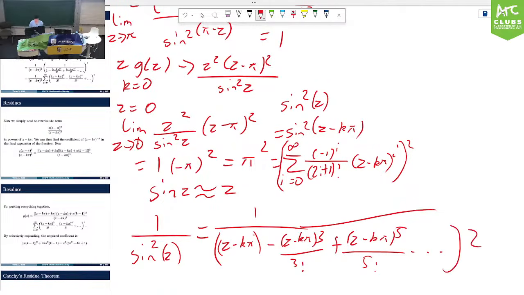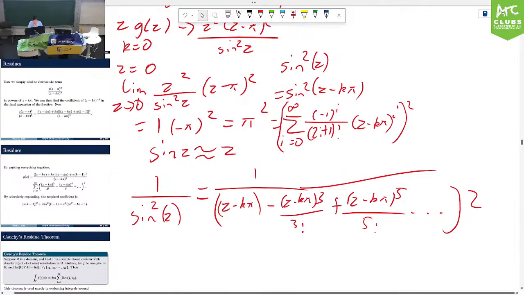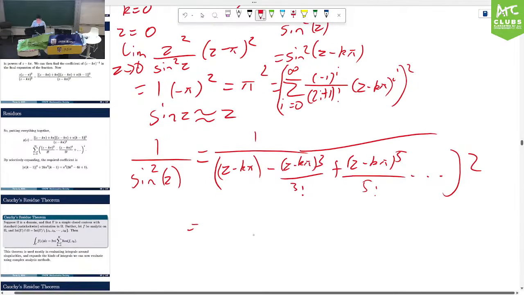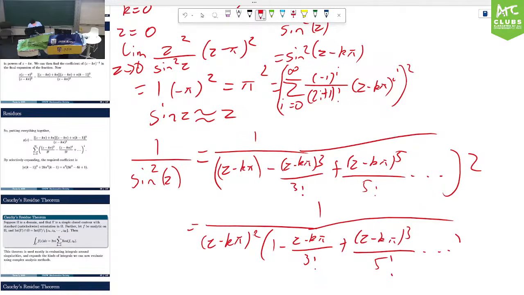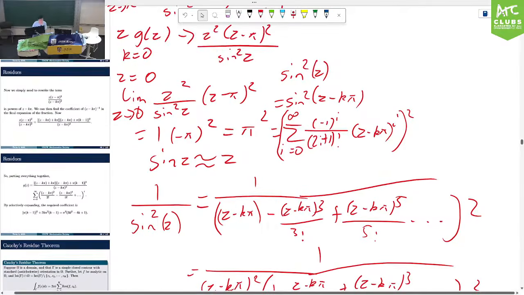What you can do next is notice all these have a z minus k pi, so factorize that out. But this is under the square, so we're really factorizing a z minus k pi squared out. 1 minus this stuff, squared.